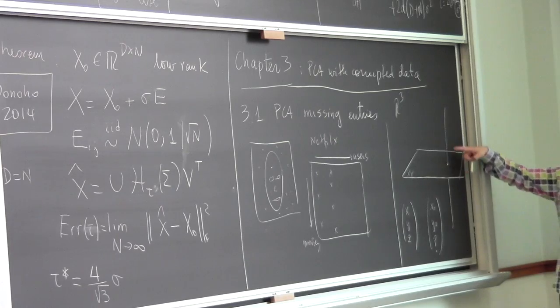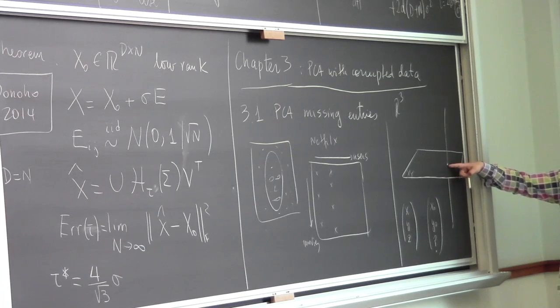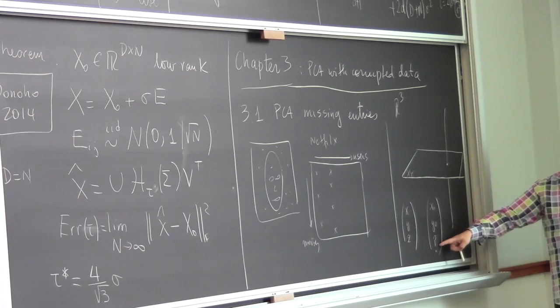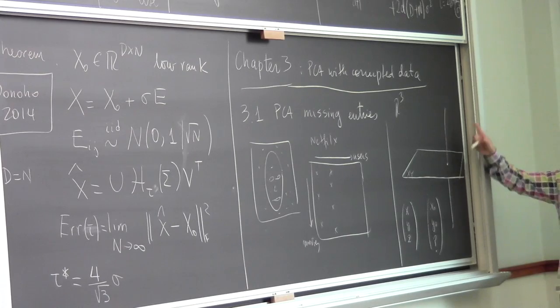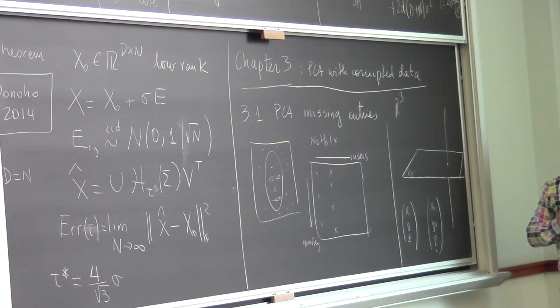And so your goal is to determine, out of all possible z values, the one that intersects with the right subspace. And that's how we're going to complete that data point. Okay? So I give you 2 coordinates and I ask you to complete the third. And the way you would do it is by saying, well, this is a line. If I intersect that line with the true subspace, then I'm going to be able to find the extra coordinate that I was missing. Yes?